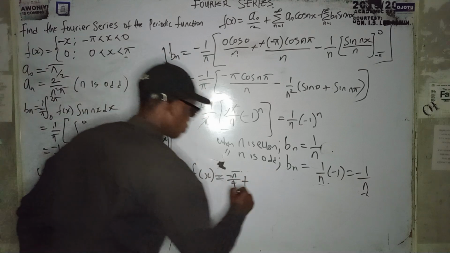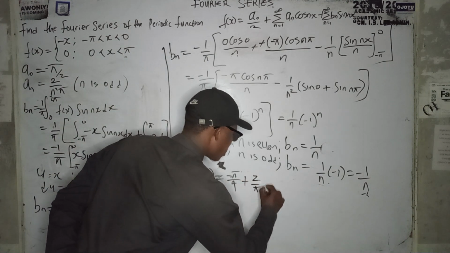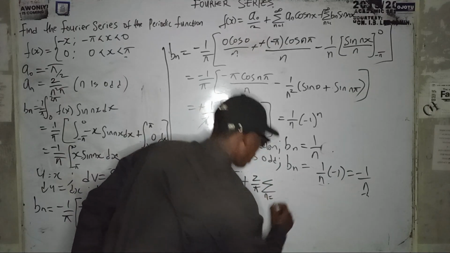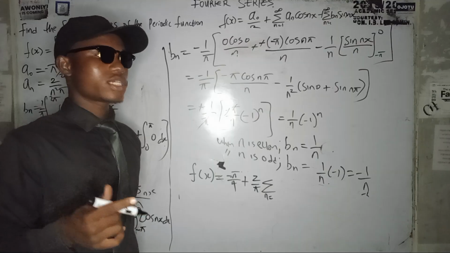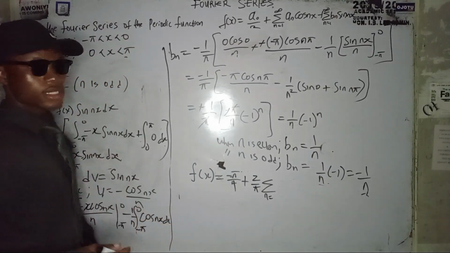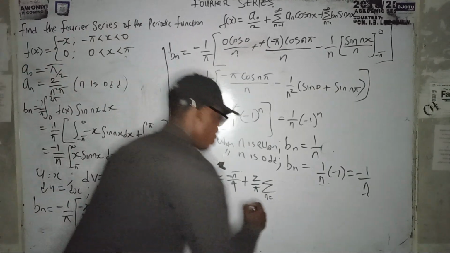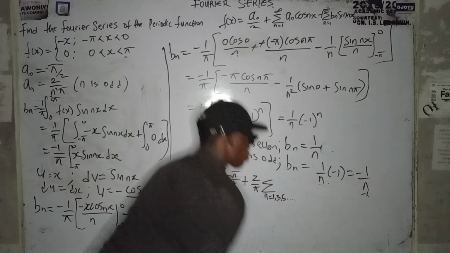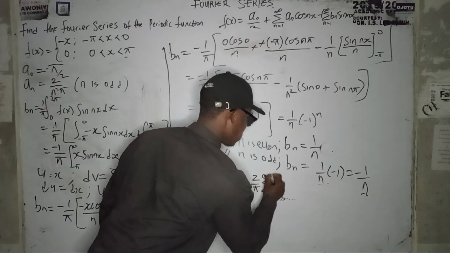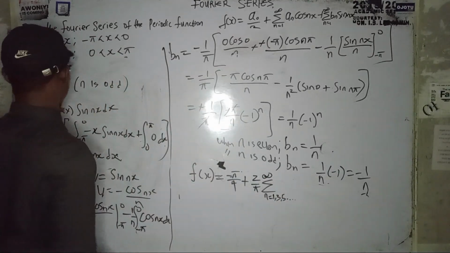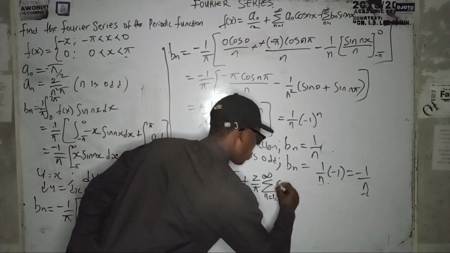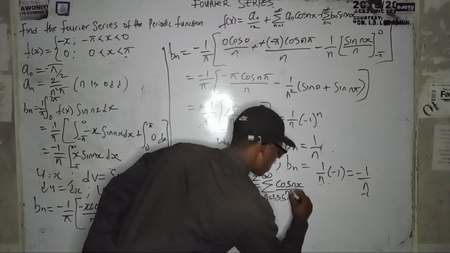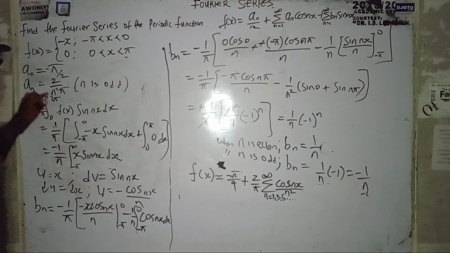We have plus 2 over pi times the summation of, now n here cannot start from 1, so we are just going to indicate that this is going to be odd. It will be 1, 3, 5. So n equals 1, 3, 5 up to infinity of cos nx over n squared.